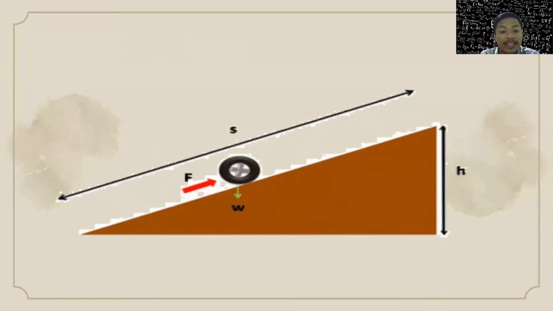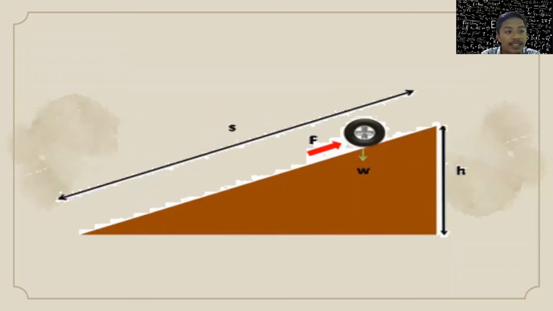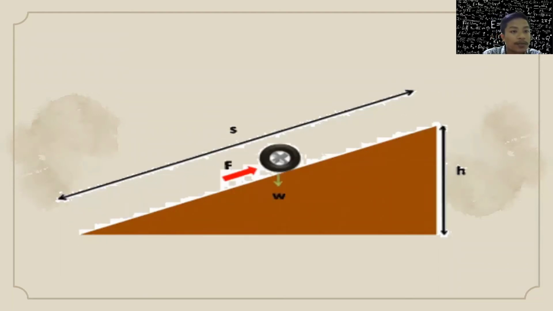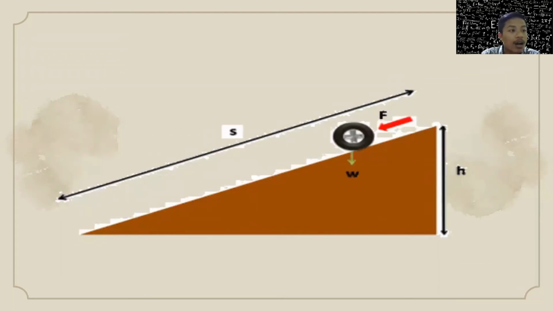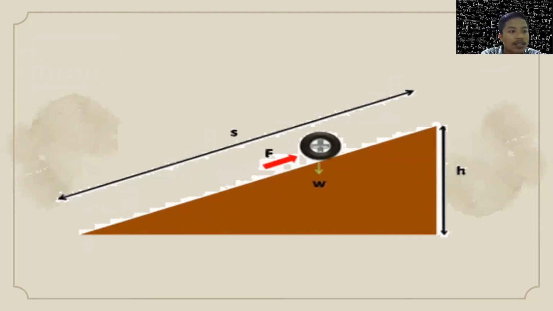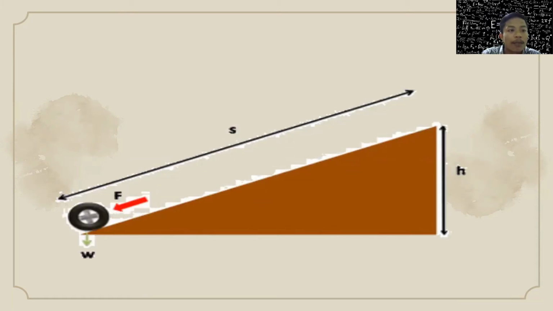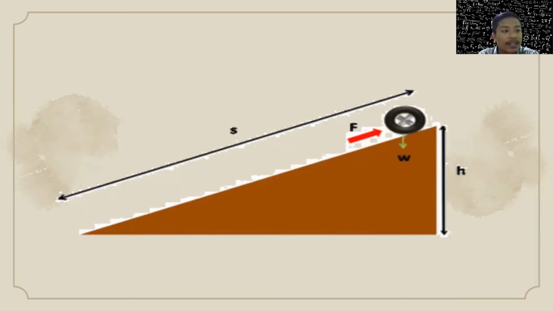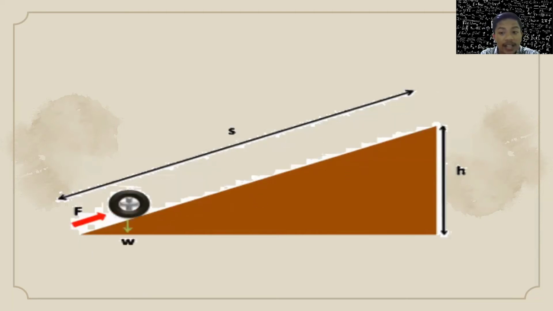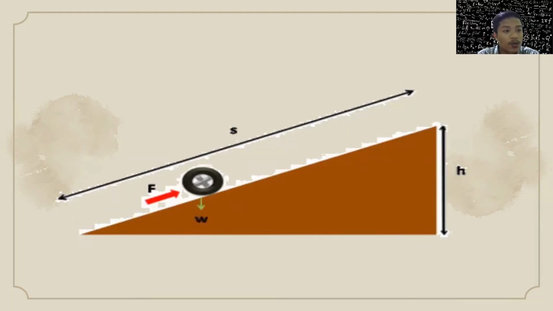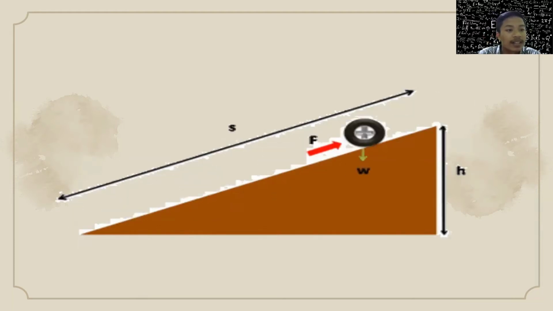Okay, continue to the second picture. You can see there is a child that has weight W and is pushed with a force F. It rolls on an inclined plane that has a height h and a distance s. From this picture, we can find the problem.